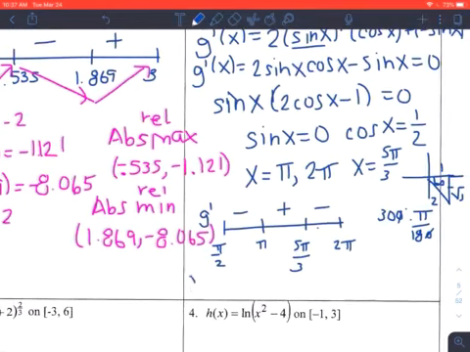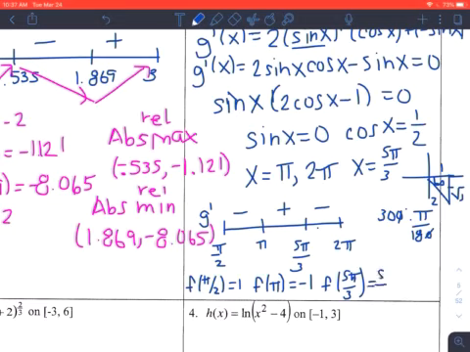We're going to check each of our values. So if I plug in pi over 2, I'm going to get 1. If I plug in pi, I get negative 1. If I plug in 5 pi over 3, I'm going to get 5 over 4. And if I plug in 2 pi, I'm going to get 1.